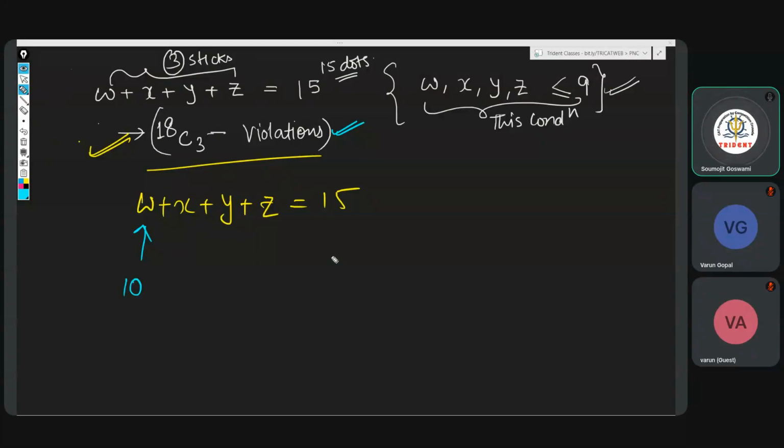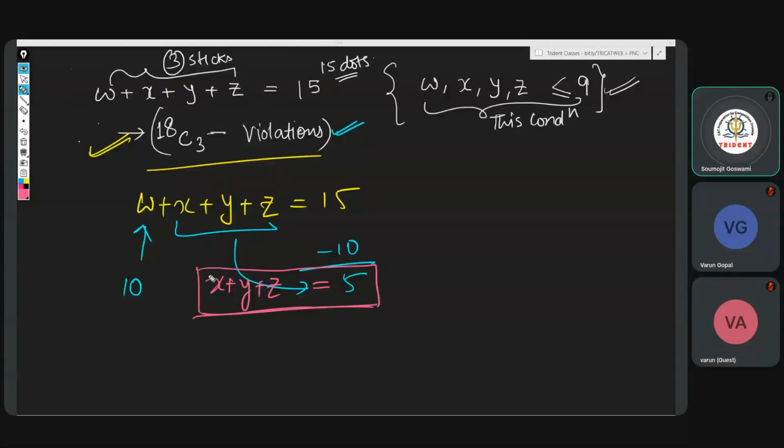So what I am left with is X, I will take the 10 to the RHS and this becomes minus 10, and X plus Y plus Z is equal to 5. I'll write it like this. X plus Y plus Z is equal to 5. Now, this is your new condition, the new equation for the violation.